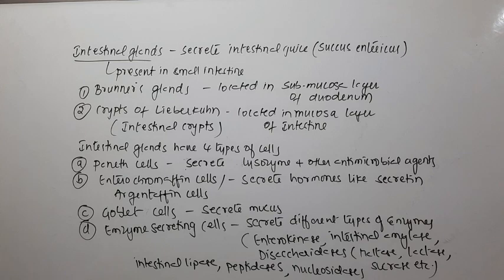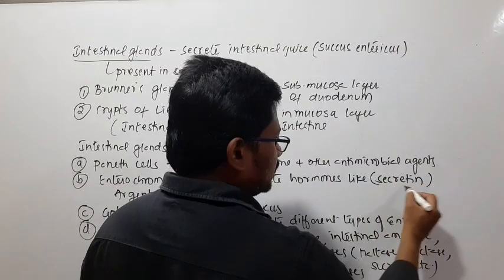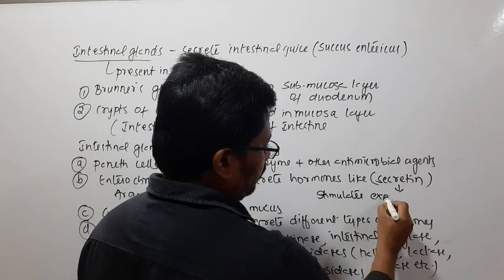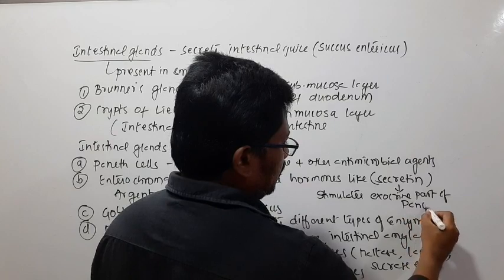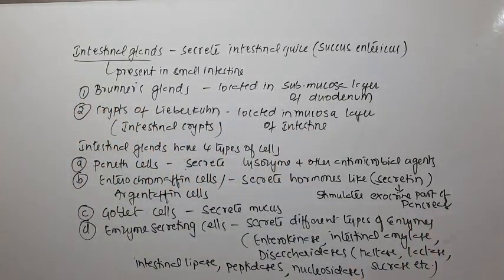This secretin actually stimulates the exocrine part of the pancreas, and that exocrine part of the pancreas releases water and bicarbonate ions. So that's about these intestinal glands.